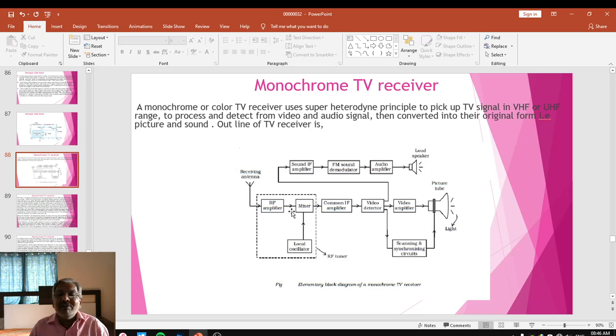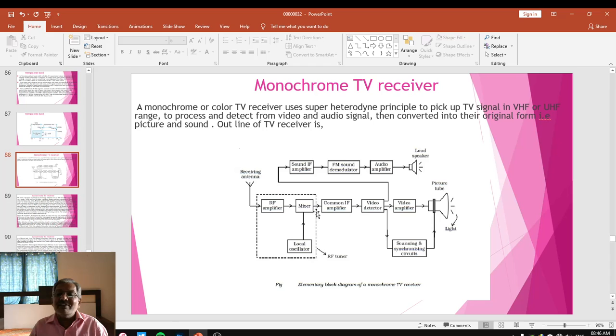The output of the RF amplifier is given to the mixer. To the mixer, the local oscillator frequency is provided. This entire block, including three circuitries, is known as the RF tuner. Its role is to keep the antenna tuned with the signal which is coming from the transmitter.